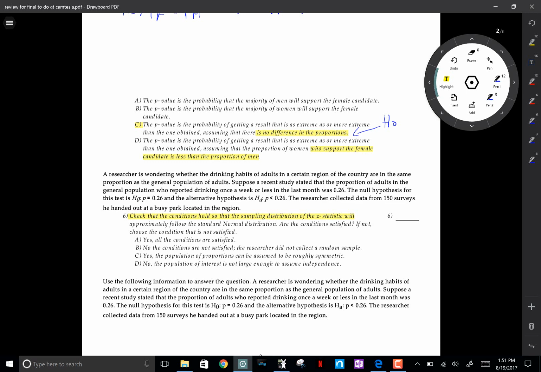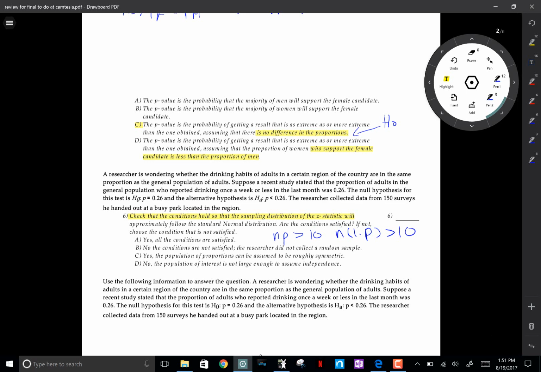And the way that we can check that is if we use this formula of n times p. And remember that has to be greater than 10, and n times 1 minus p also has to be greater than 10.